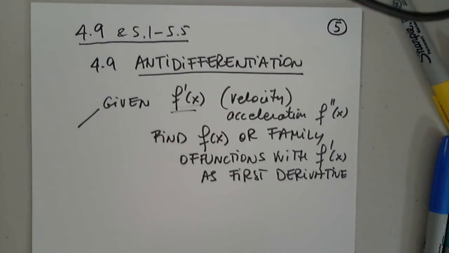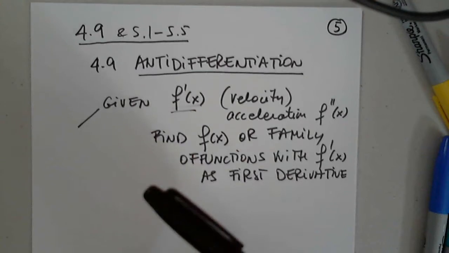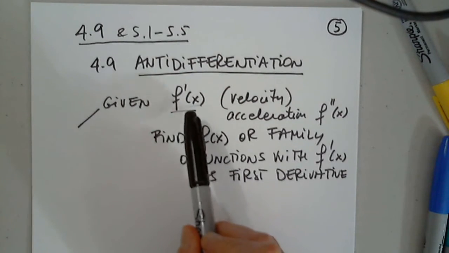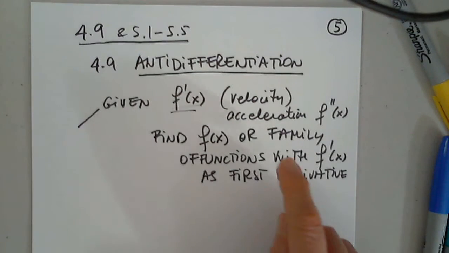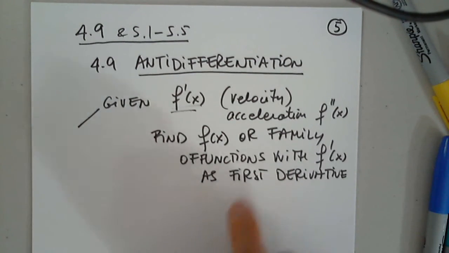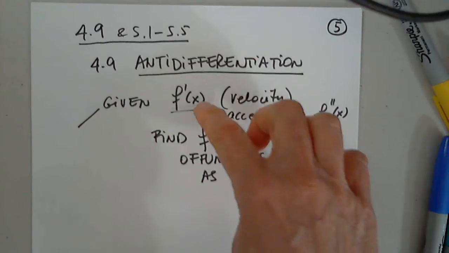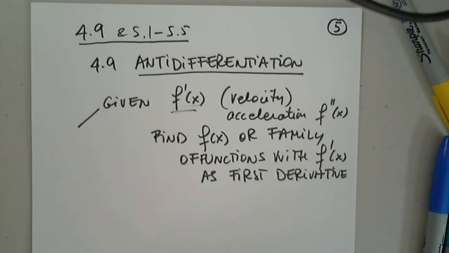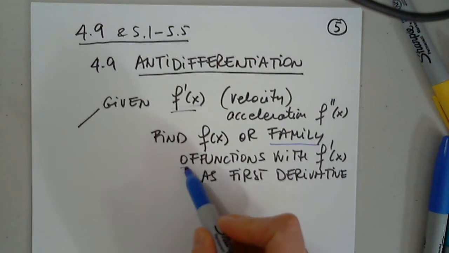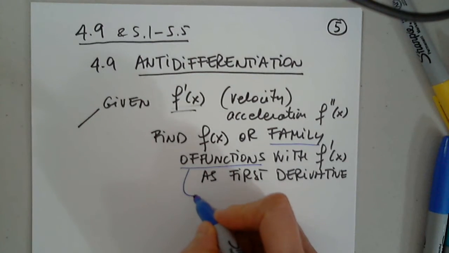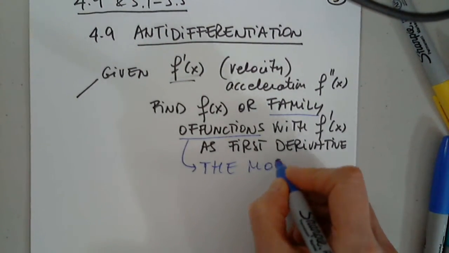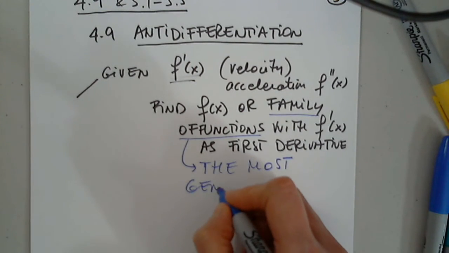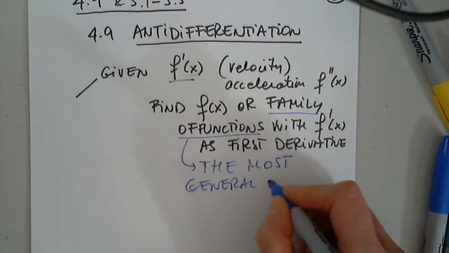It is possible. I could be given the derivative, and I could be asked to find the function or a family of functions with that derivative. When we talk about family of functions with a particular derivative, we also call that the most general antiderivative.